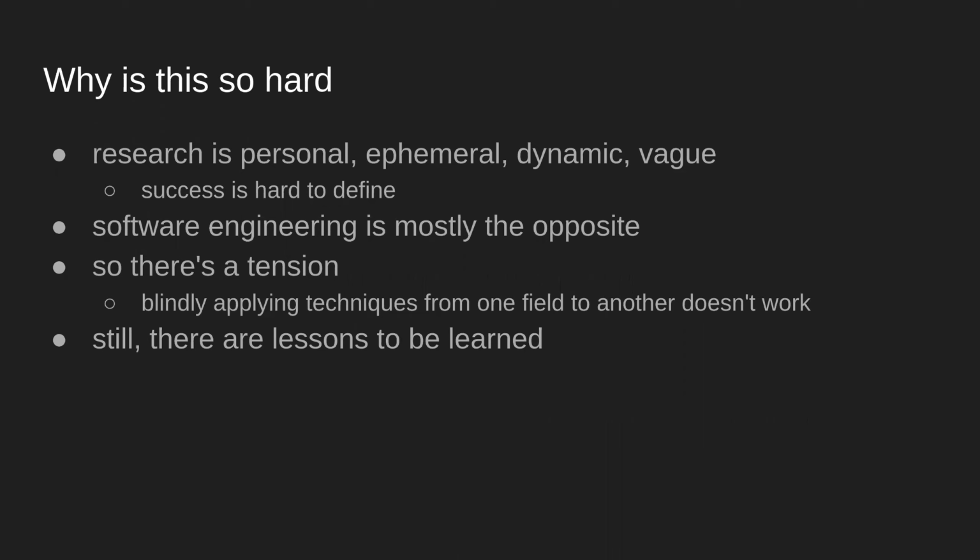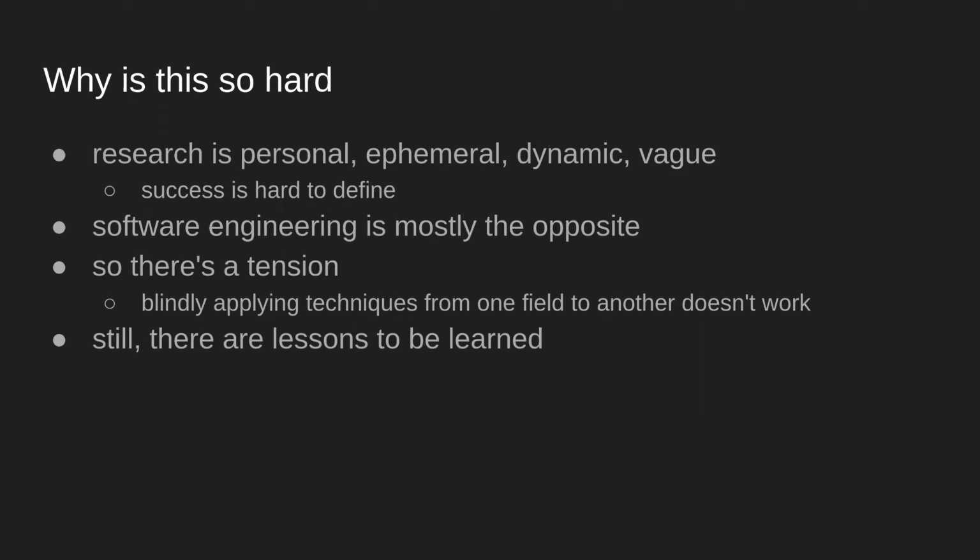It means something different to everyone. It's ephemeral. A project you're working on today might disappear in a few days, or you're probably going to move on to something else. It's dynamic, so it's changing. It's vague. By vague, I mean success is hard to define. It's not even clear what is successful and unsuccessful research.